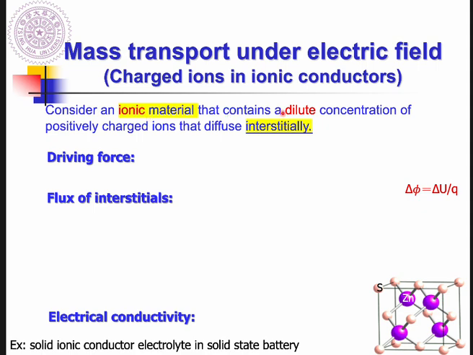And inside these materials, we also have a dilute, which is quite important, dilute concentration of positive charge ions. The positive charge ion moves through interstitial sites, so we call that diffusing interstitially. Here is a copper ion with two positive charges at an interstitial site.